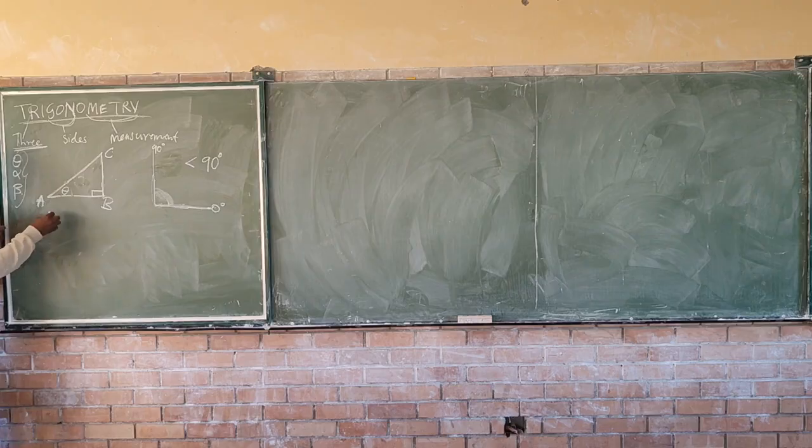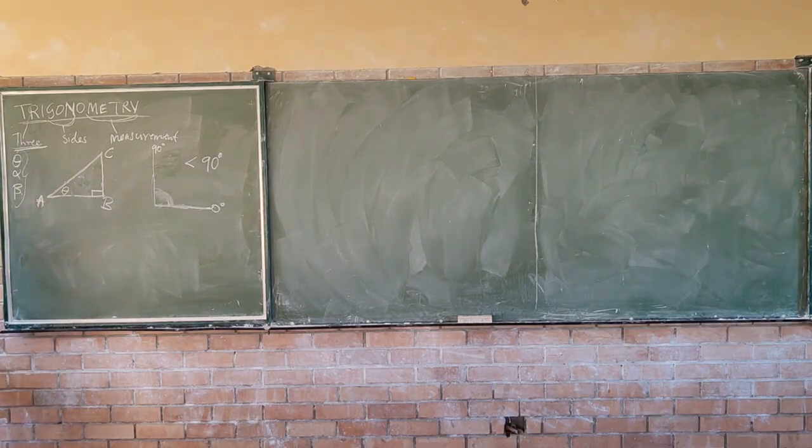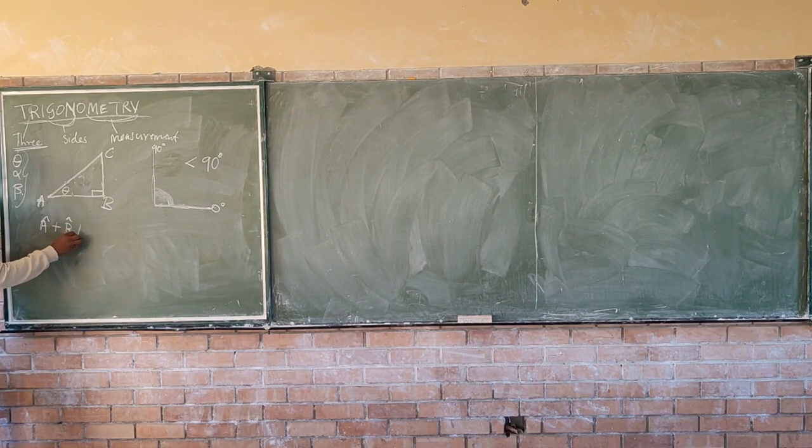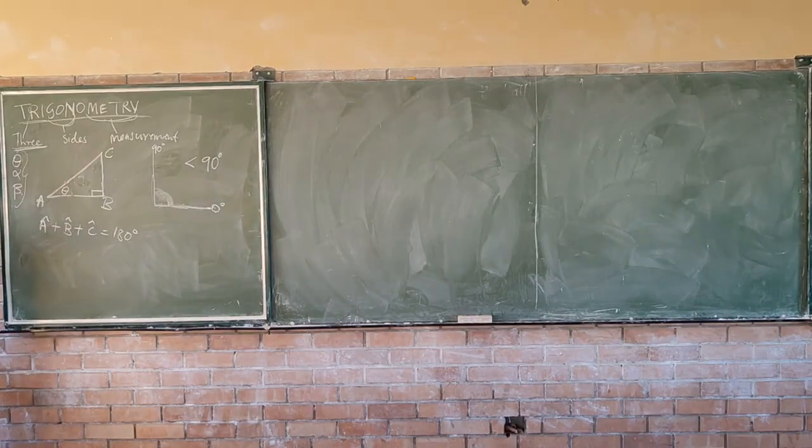All right, we were saying the sum of the angles of this triangle is what? It is 180 degrees. So that simply means angle A plus angle B plus angle C equals 180 degrees.